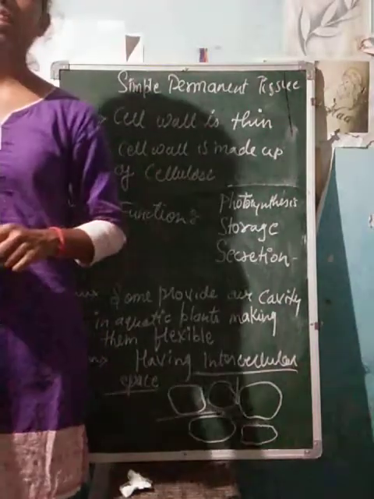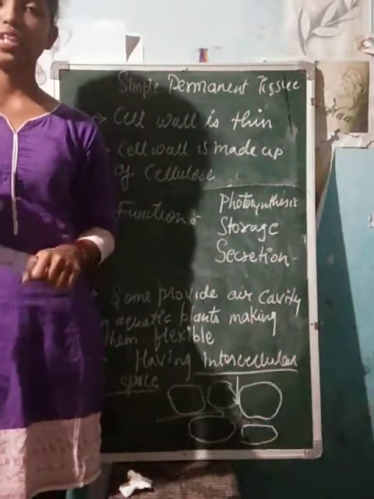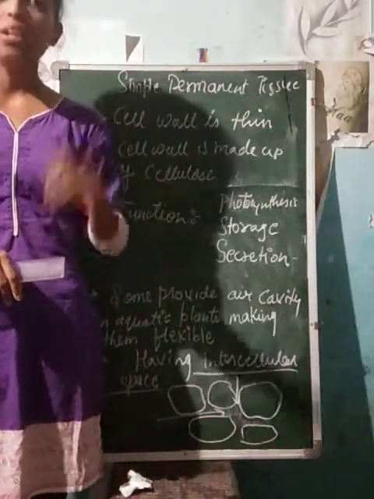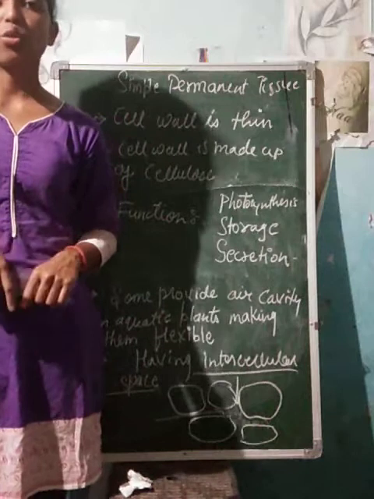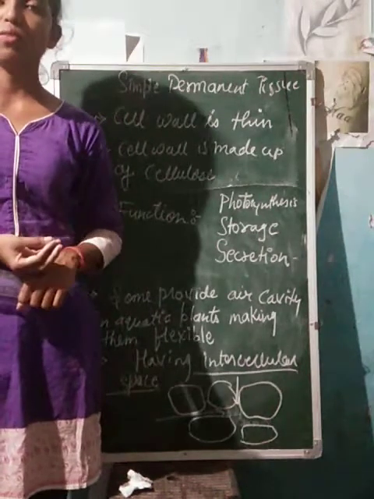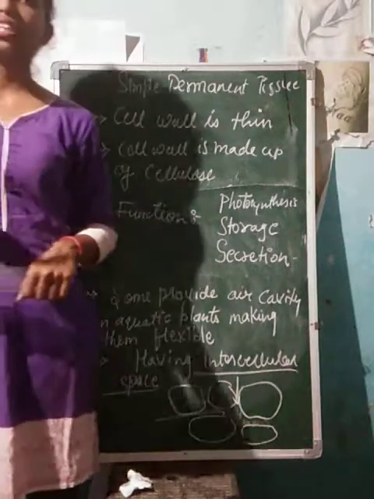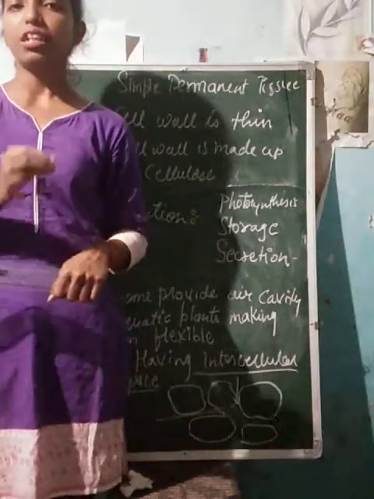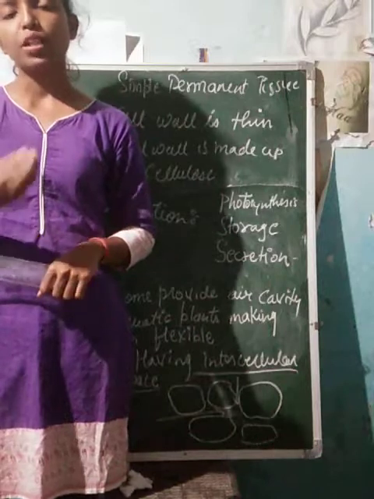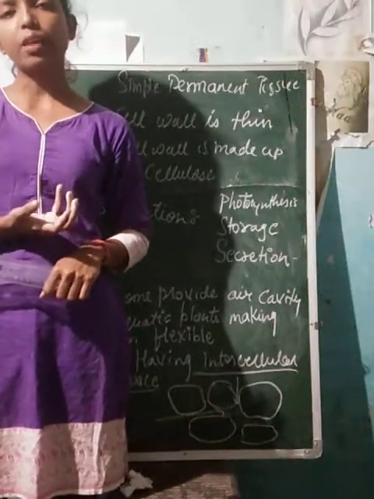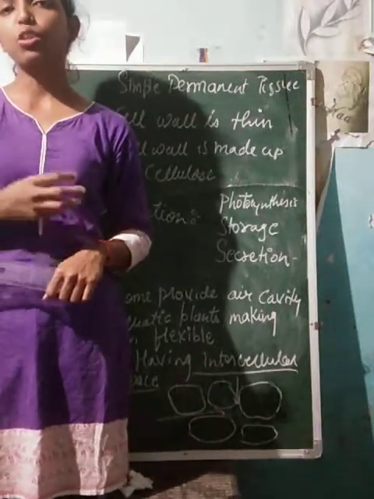Next one, function. As we have discussed, some of them possess chlorophyll within them and are known as chlorenchyma. So they will be responsible for the photosynthesis process. Next one, storage. What does it store? Hence it is undergoing photosynthesis, so food is synthesized there. So it will store the food also.